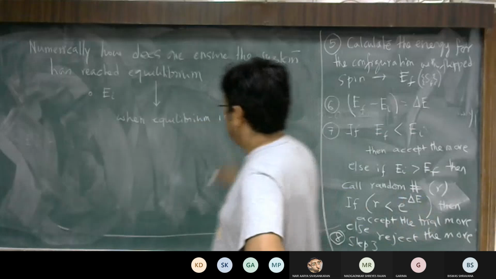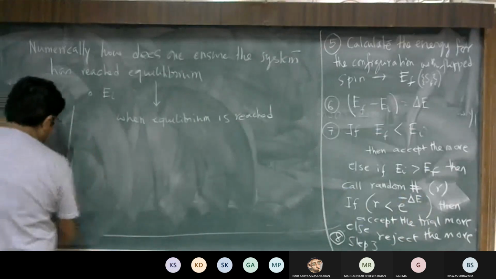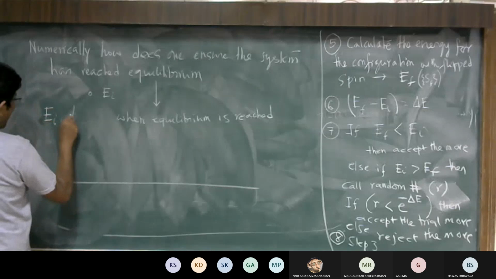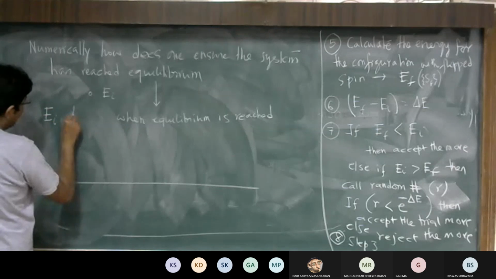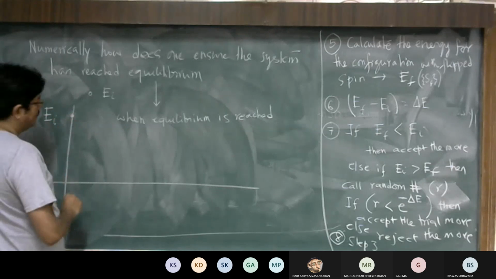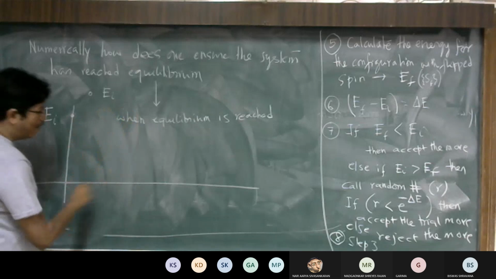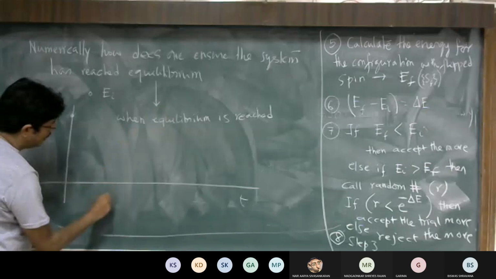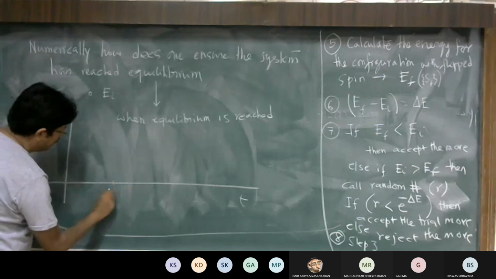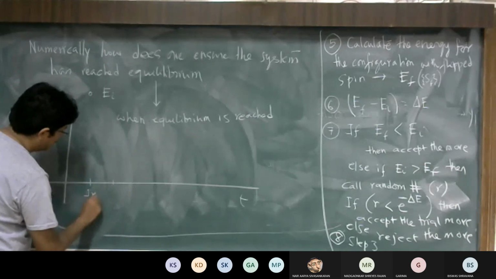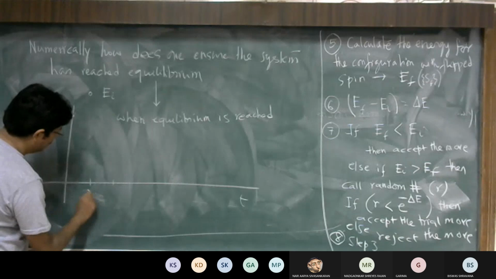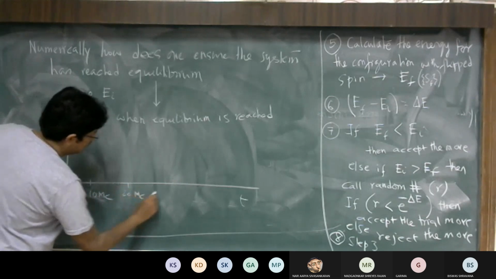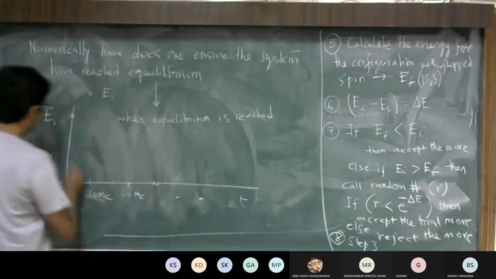So the best way of looking at it is, since you are in any case calculating this even for one sample, let's say you started with this value of E_I. Then as you progress in time, let's say this unit I define as one Monte Carlo time step, this is 10 Monte Carlo time steps, 20 Monte Carlo time steps, etc. These are my times.